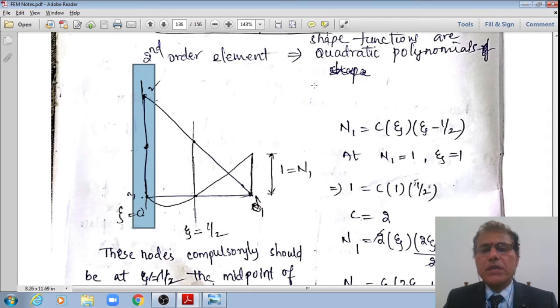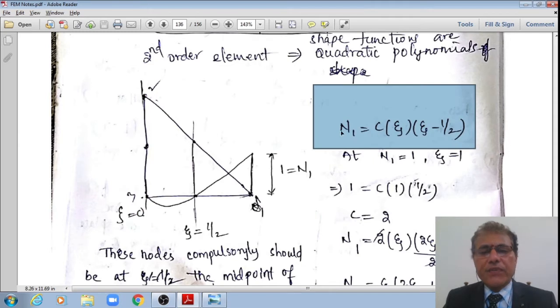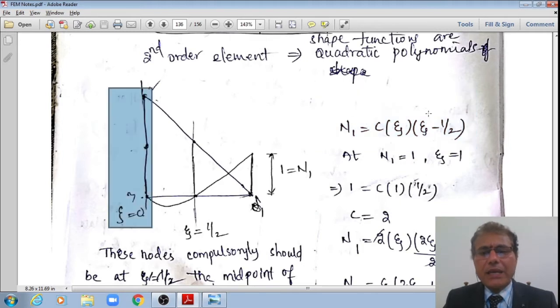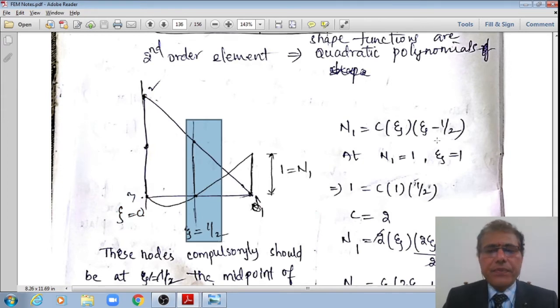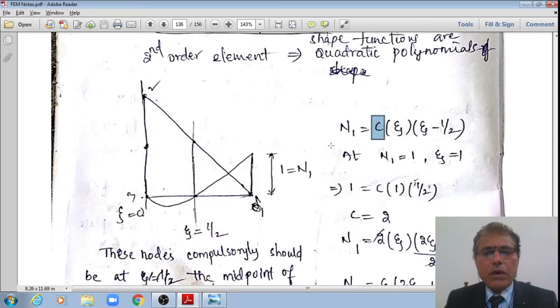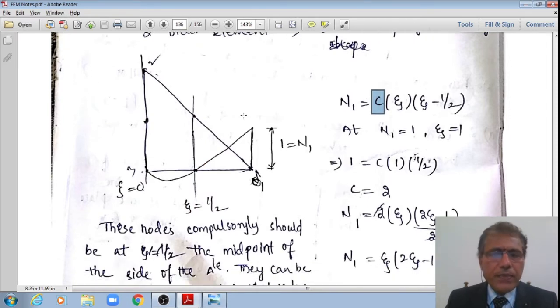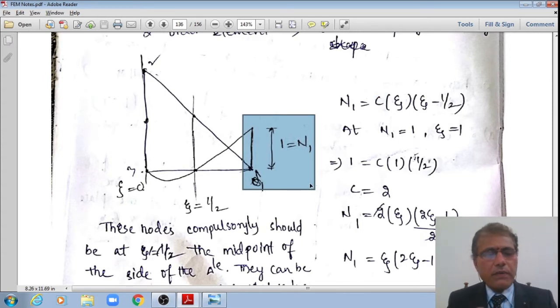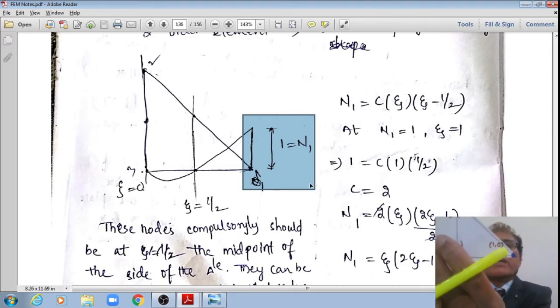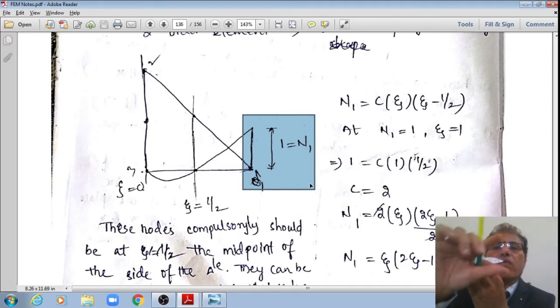Hence using the product rule, now I can say shape function N1 is equal to some constant c1 multiplied by xi, and the next line, xi minus half, the product of these two lines, where that constant c1 is unknown. But we know that N1 is equal to 1 at its own nodal value, at 1, 0. It is having 1 unit.